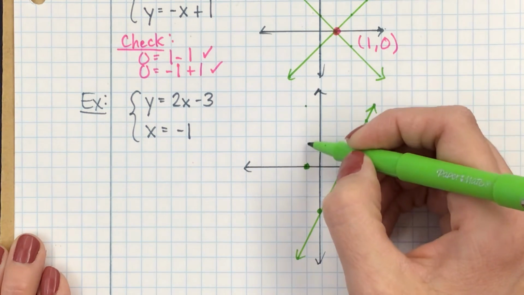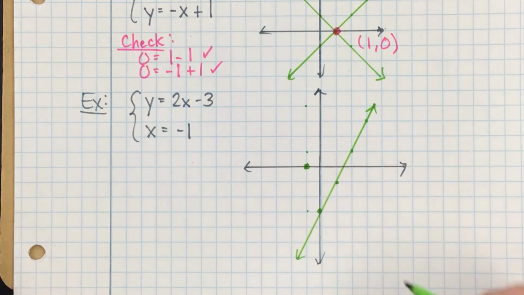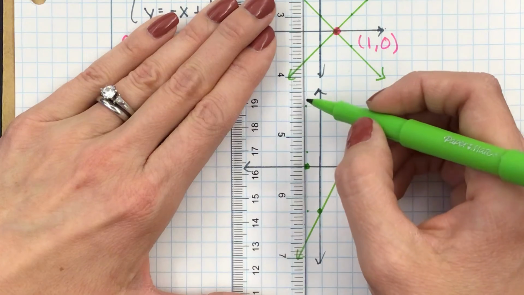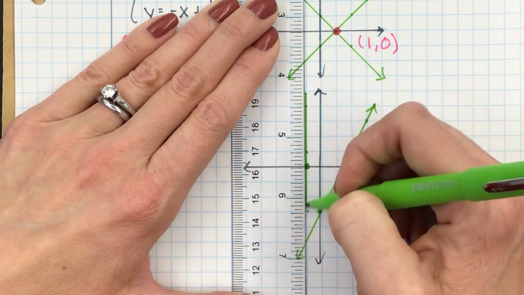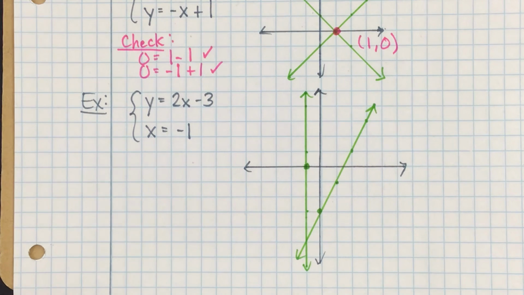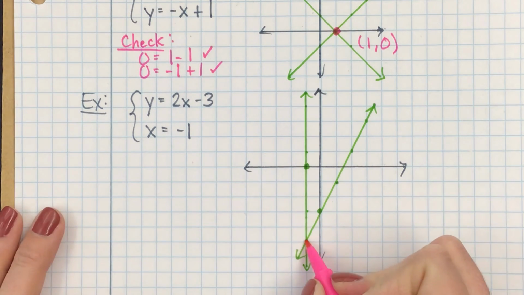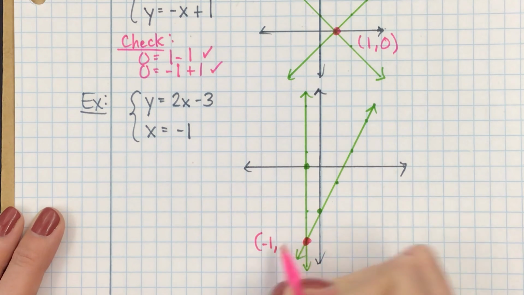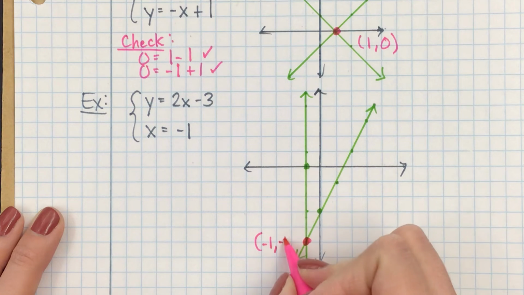So here it's negative 1, here it's negative 1, here it's negative 1. It just creates a line where x is always negative 1. And where they cross is right here. This point is (-1, -5).